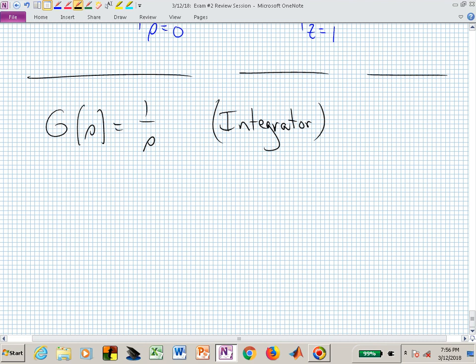So what's the pole in G of Z? Is that it? Where does 0 in the S-plane map in the Z-plane? It maps to 1. So you should have a factor in the denominator that vanishes when Z is equal to 1.